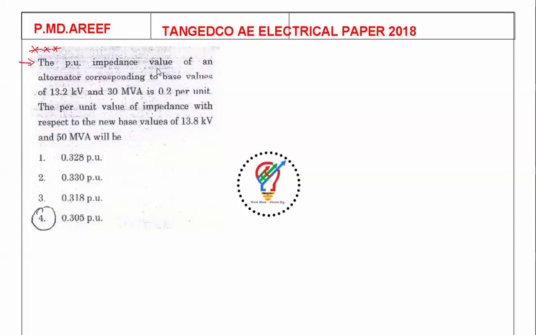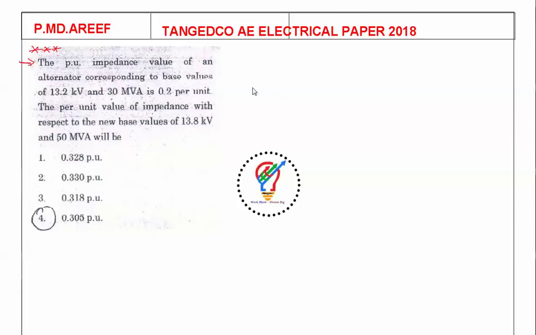The per unit impedance value of an alternator corresponding to base value of 13.2 kV and 30 MVA is 0.2 per unit. The per unit value of impedance with respect to the new values of 13.8 kV and 500 MVA will be.